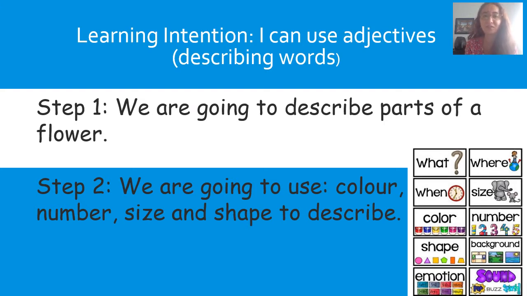When we use describing words, we can describe what something is, where it is, when it's happening, the size. We can describe the color, the number of things or people.